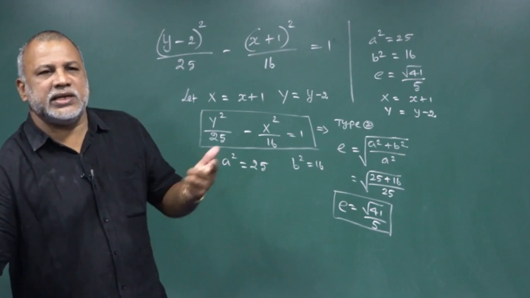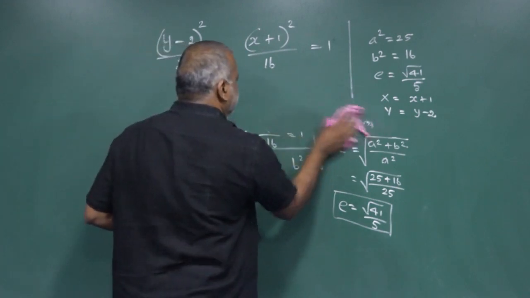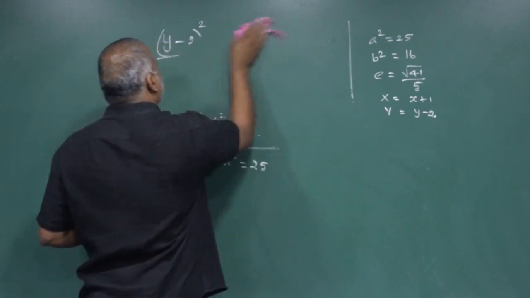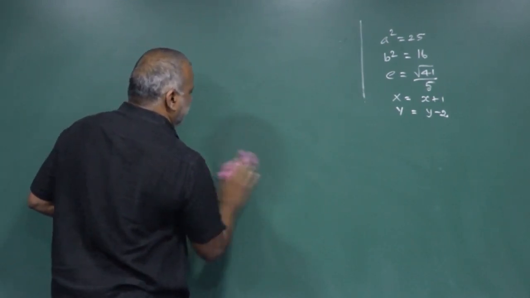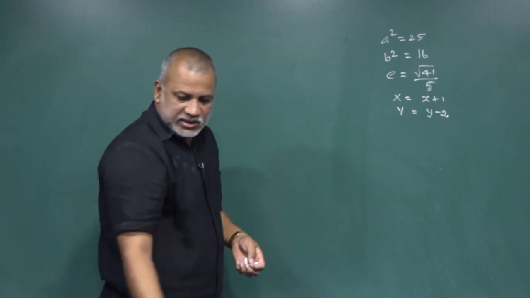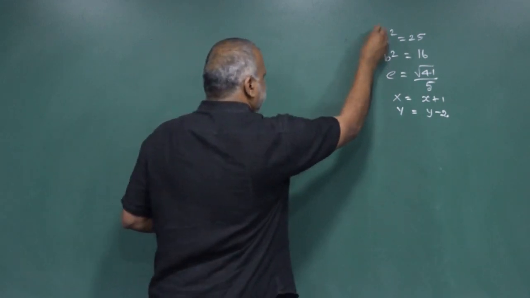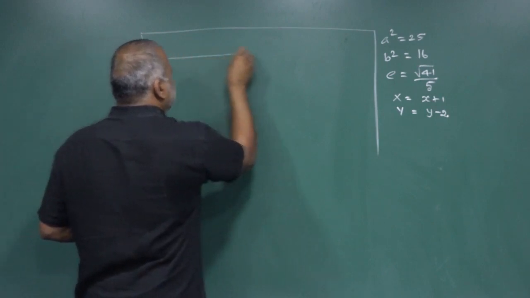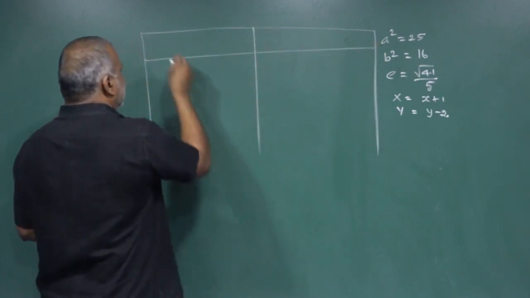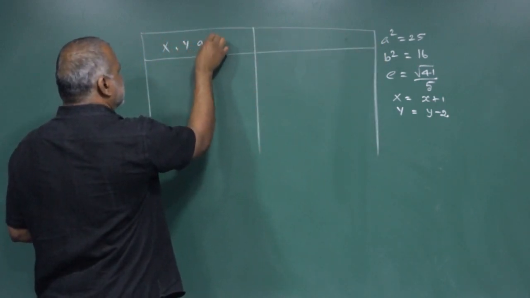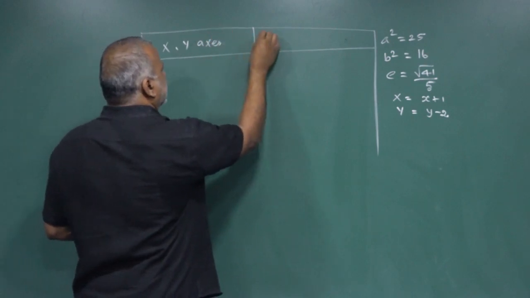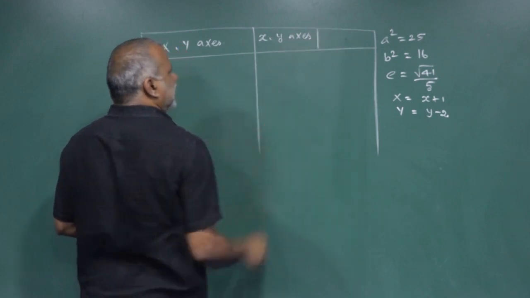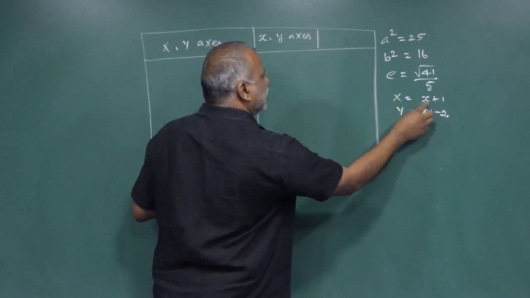Now we are going to construct a table. In the table, the first column is with reference to capital X, capital Y axis. The second column is where we convert to small x and small y. Now listen. See here, capital X equal to x plus 1.